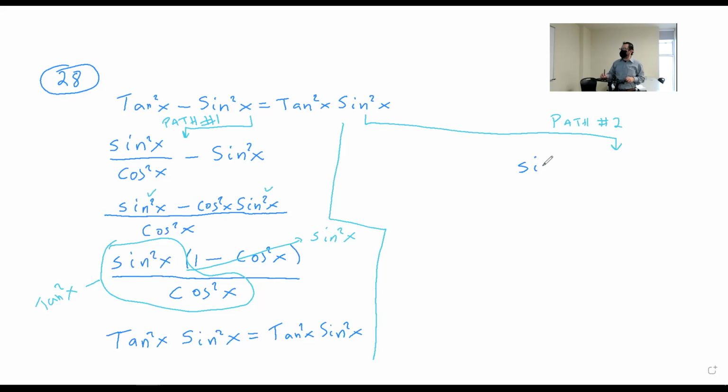So first off, we've got tangent squared of x, and sine squared is the same as having 1 minus cosine squared, using the Pythagorean theorem. Tangent squared is going to be sine squared divided by cosine squared.